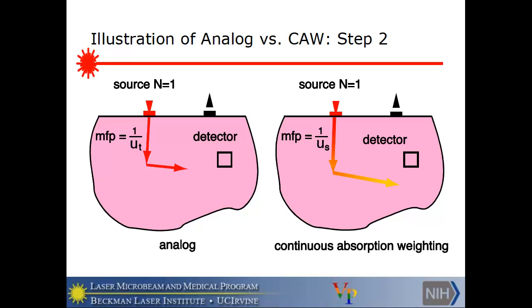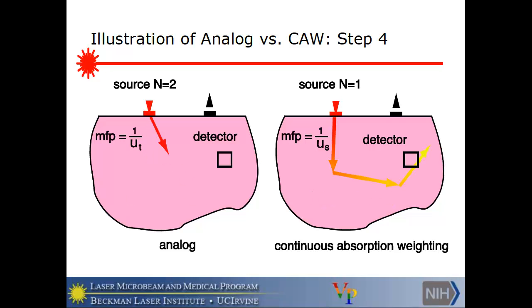Here's the second step, where again you've changed direction at the same point and with the same information, and again you have a longer step over here than over here. On the third step, on the left side, you've decided the photon terminates here because of absorption. That's the analog case. But here we know that doesn't happen, and therefore there will be another event that follows.